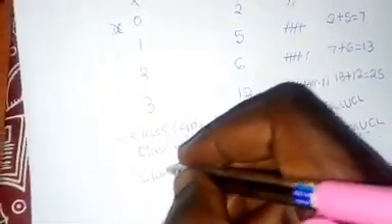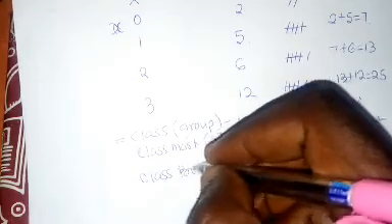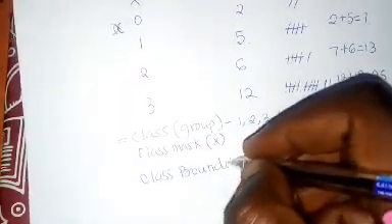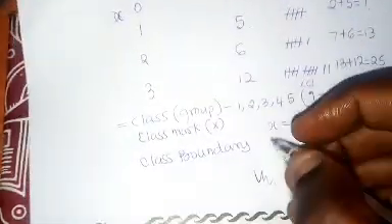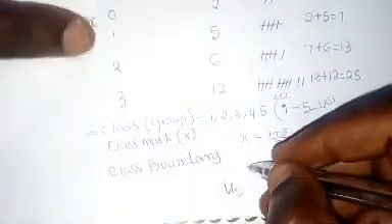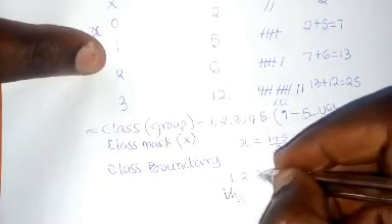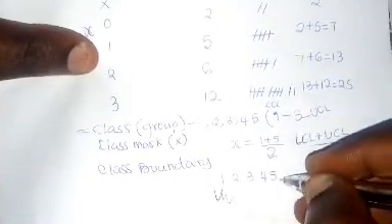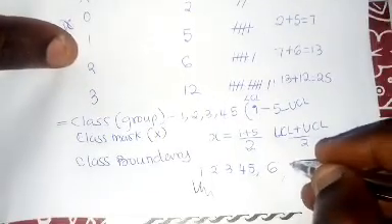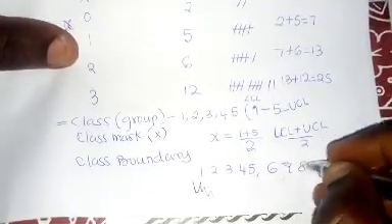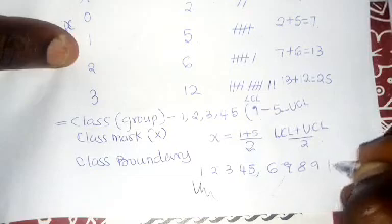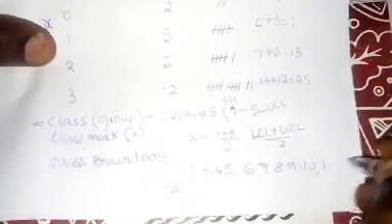Are you with me? Then we'll be talking about class boundary. Class boundary is nothing but the halfway mark. Let's take, for example, we have 1 to 2, 3, 4 to 5. Then the next class we begin with 6, 7, 8, 9, 10. The next class will begin with 11, and so on.